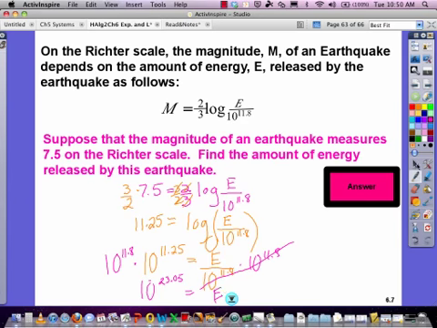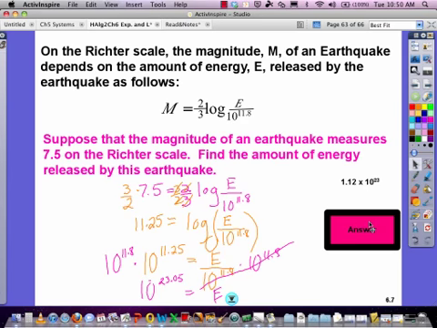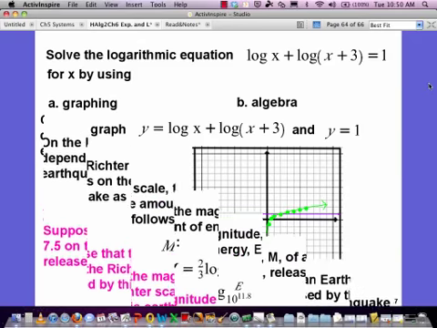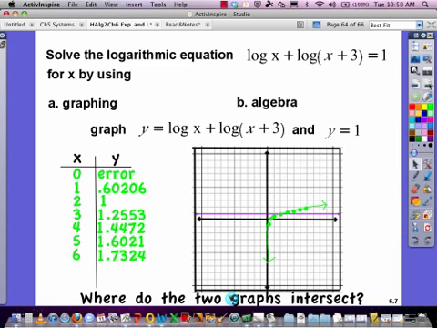And if you would calculate that, it's going to be a huge number. So find out what that is, and it should be close to 1.12 times 10 to the 23rd. So just manipulating an equation that has logarithmic form in.